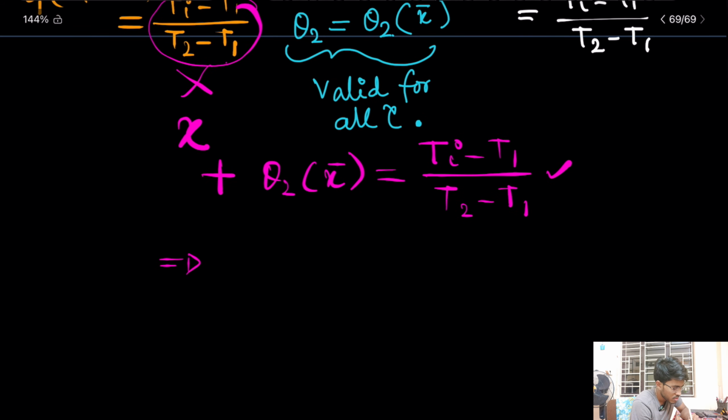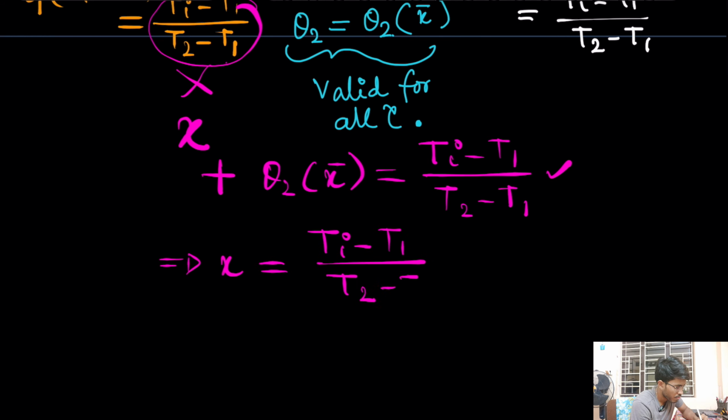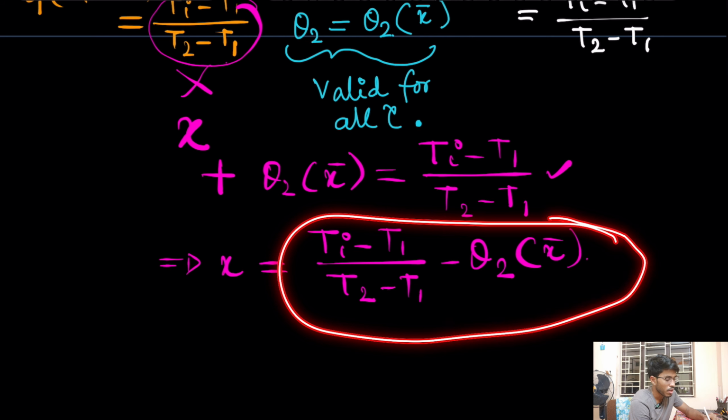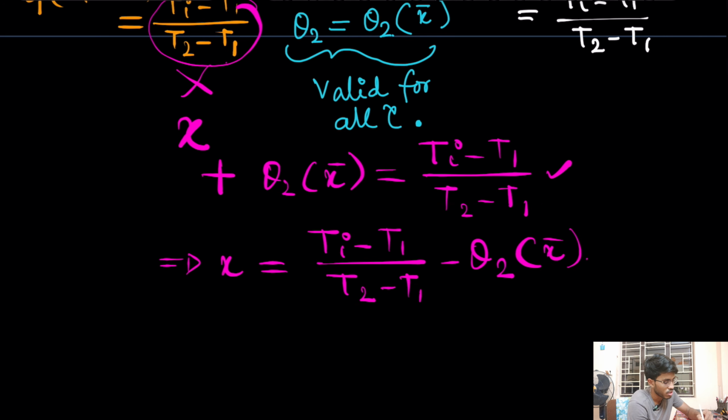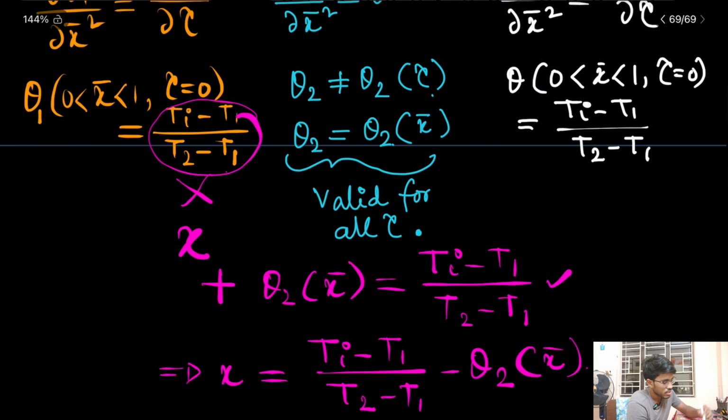Then my x must be this one. This is my x. So this should be my RHS of the initial condition for problem 1. So let me write it clearly.